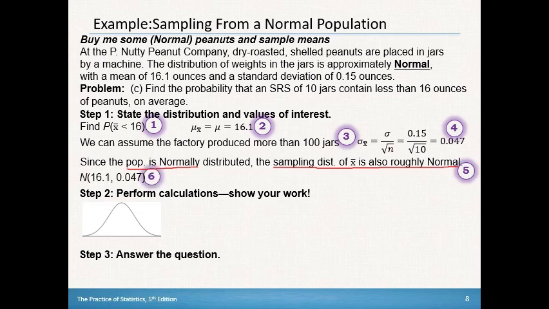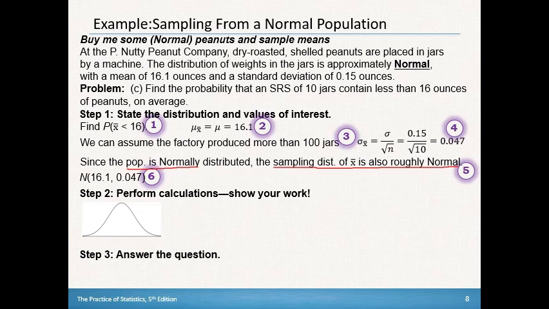All right, and so then finally give what that distribution is. So you can see when we do these sampling distributions, step 1 involves a lot of stuff, right? We've got to say what it is we're calculating. What is the mean? What is the standard deviation? But before we do that standard deviation, we have to check our 10% condition.